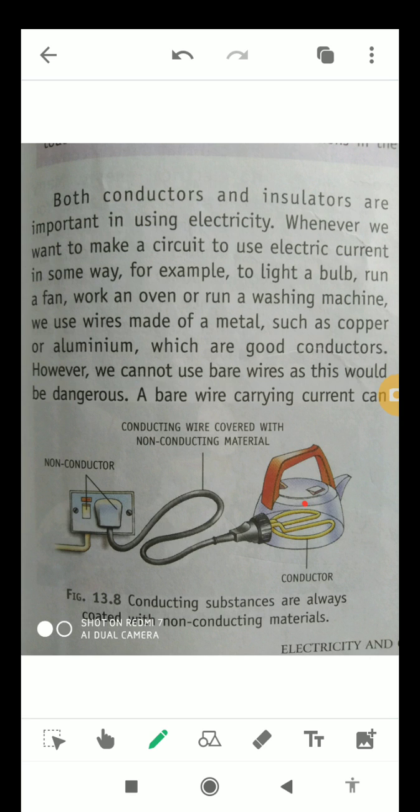However, we cannot use bare wires or naked wires, as this would be extremely dangerous for your life.